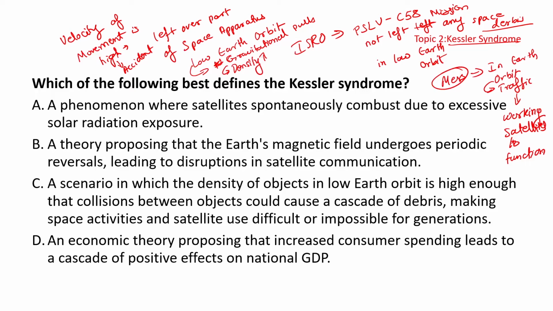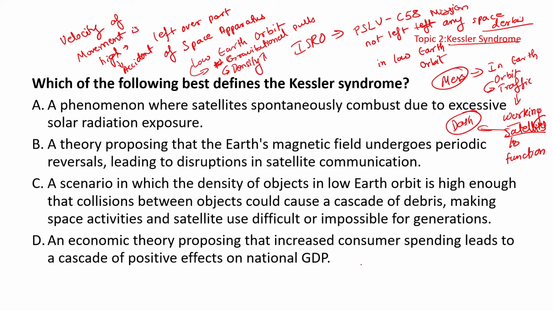It will create a scenario where the live satellite moving can dash against the debris and thus become inoperational and itself get converted into debris. So there has been a focus on removing this debris.